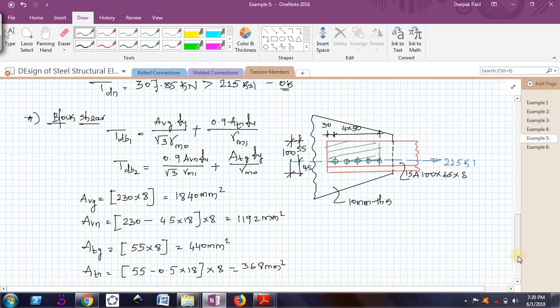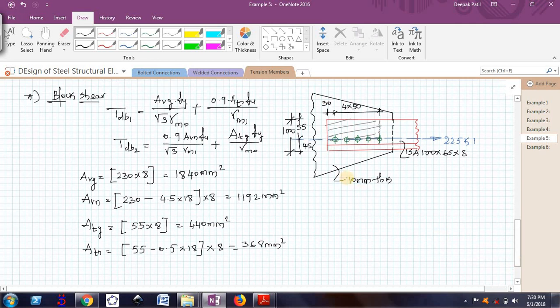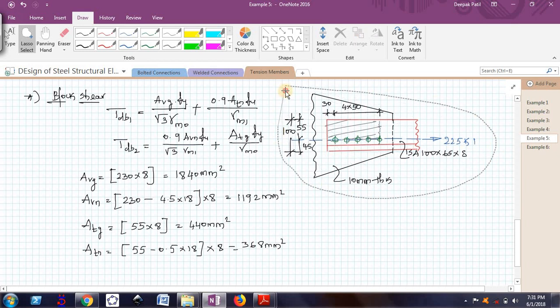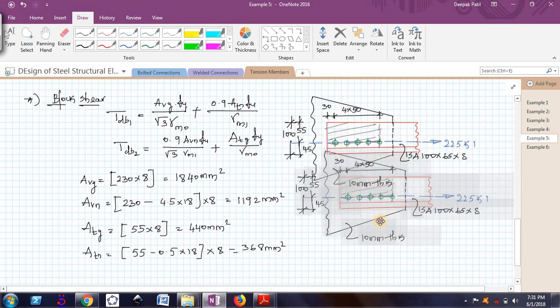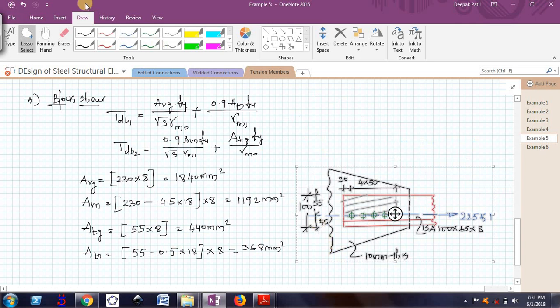So you plug all those values into the equations for TDB1 and TDB2. Let me check how much I get.